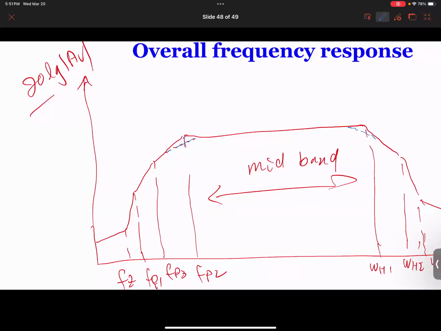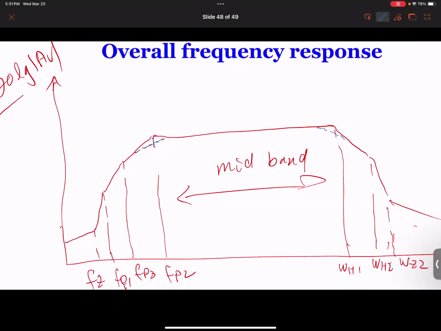On the output side, it's going to do the same thing, the low end and the high end. So for the low frequency, you always have S plus omega Z over S plus omega P. And for the high frequency, you always have 1 over 1 plus S over omega H. But if you do have a zero, this can become 1 plus S over omega Z over 1 plus S over omega H. So this is high frequency, low frequency.